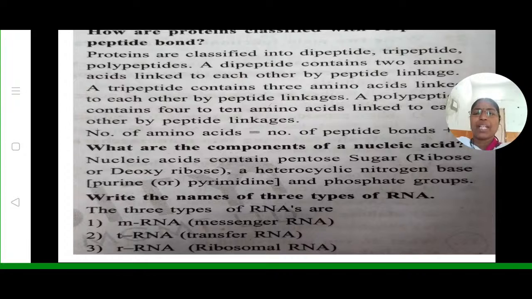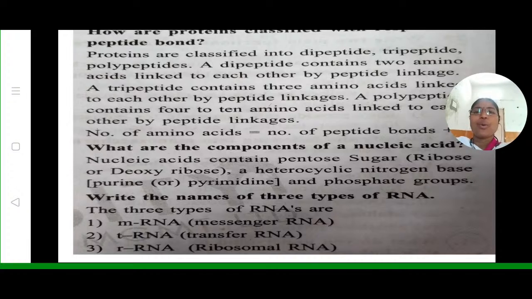A dipeptide contains 2 amino acids linked together by peptide linkage. In an amino acid both amine and carboxylic groups are present. If you take 2 amino acids, they are linked by the peptide linkage. Peptide linkage means amide linkage, the CONH group, also called peptide linkage.